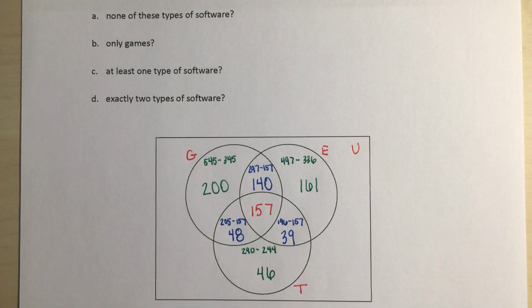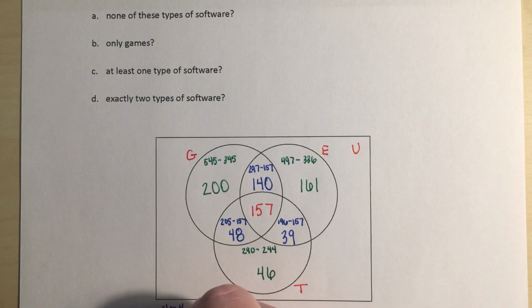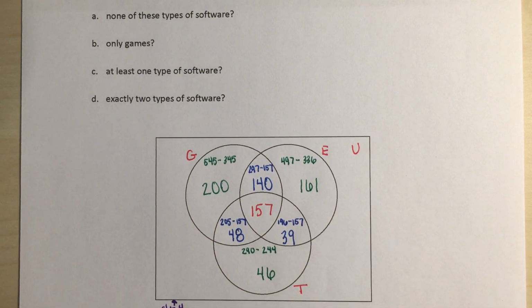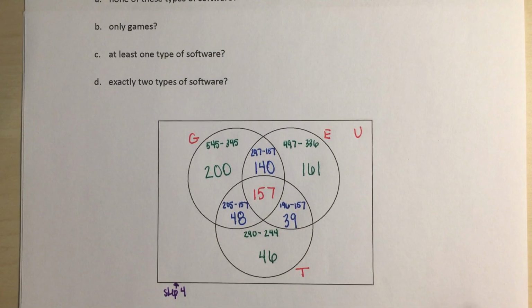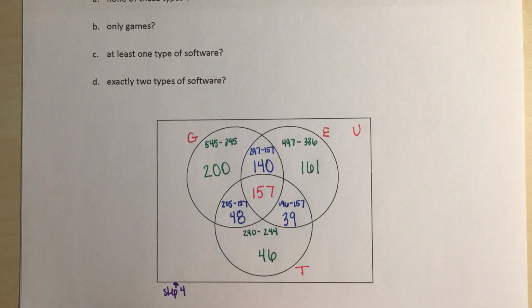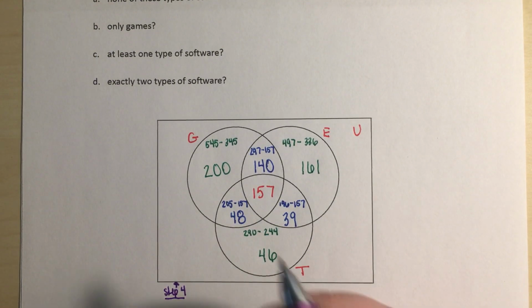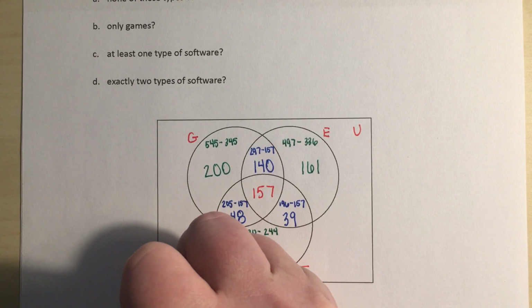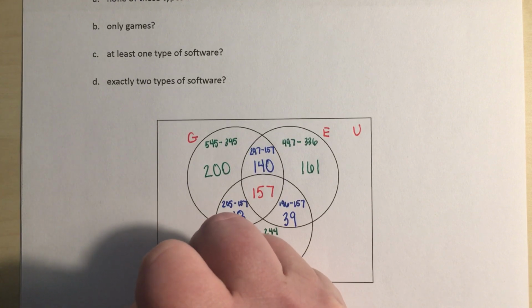Then we're going to finish this off with step 4. Step 4, we're going to subtract our totals. So if we subtract our totals here, we have 893, which we were told in our original problem.